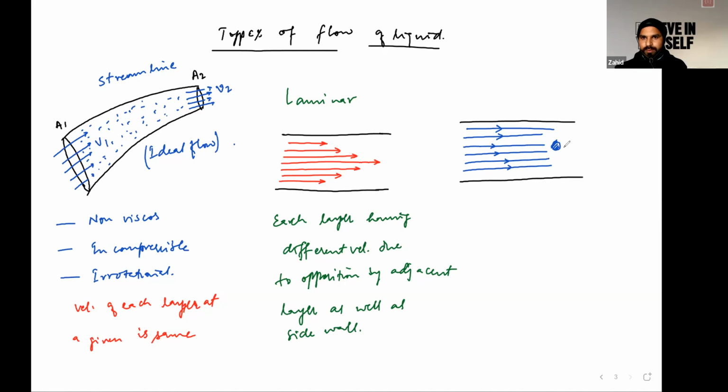So it will create a vacant space after it. This layer on moving forward may experience inward force and may get spiraled like this. Similarly, this layer may get spiraled at this point. So this particular flow, in which there is formation of eddies, is called turbulent flow.